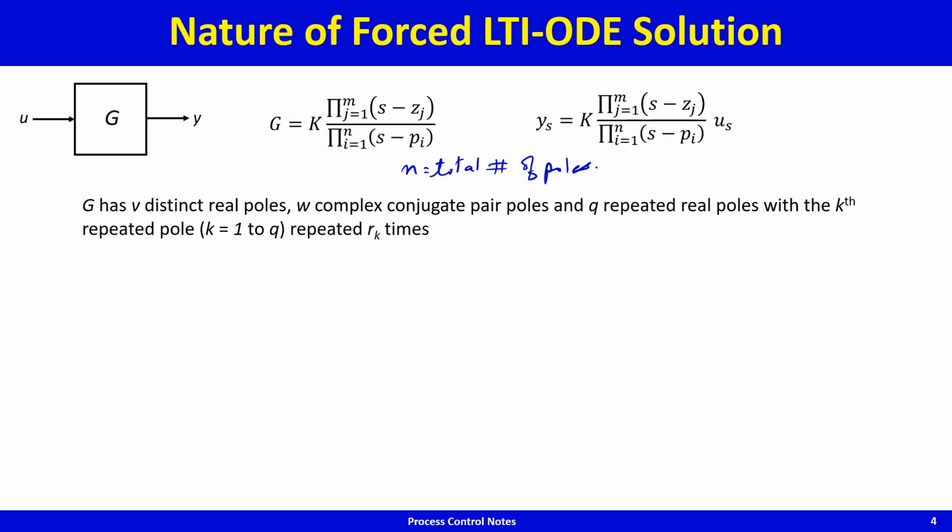Of these poles, let us say v of them are distinct, w of them are complex conjugate pairs, and q of them are repeated poles, with the kth repeated pole getting repeated r sub k times.